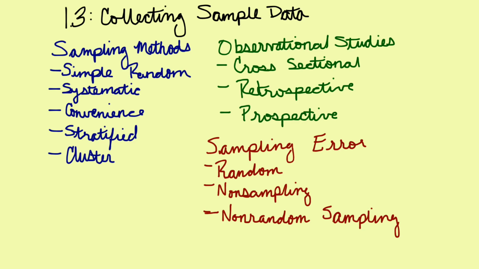There's a non-sampling error. This is purely human error. So if you collect your data but you inputted the data into your spreadsheet incorrectly, misspelled words, that kind of thing. And then there's the non-random sampling error, where you chose a sampling method that was not random and it was selective in a biased way.